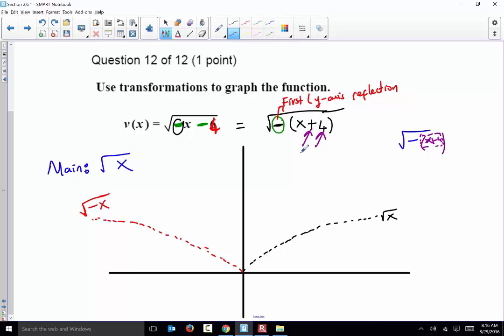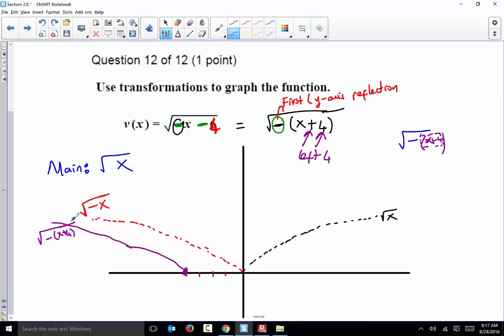So this is positive. That's a left shift by 4. Okay, so I'm going to move this 1, 2, 3, 4 units left. This is my final answer. Minus x is gone. Instead you have x plus 4.